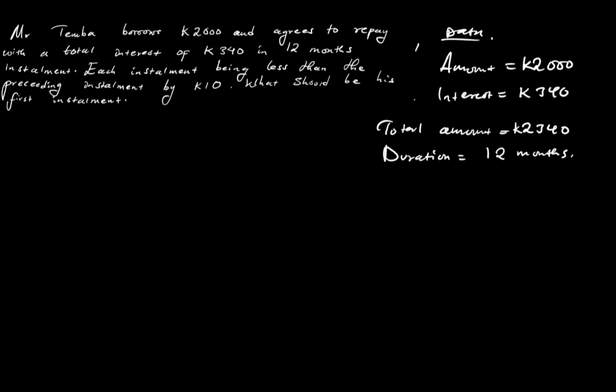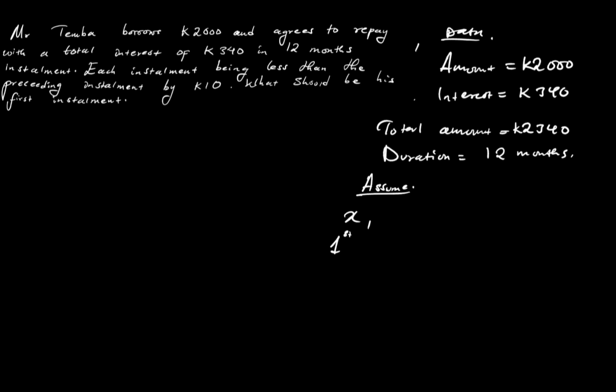All right, so now let's understand what's going to happen now. The statement says each installment being less than the preceding installment by 10 kwacha. Let's take an assumption. All right, so if we're saying that each installment needs to be less than the preceding by 10, let's assume that the first amount of money that this person is going to pay in the first month, because it's in 12 months, let's assume it to be X. So this is in the first month.